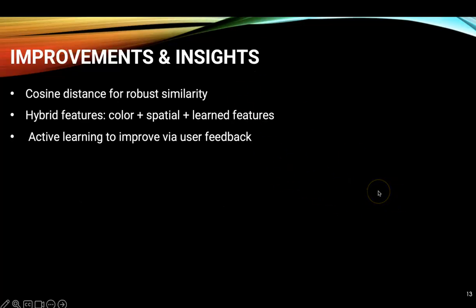So let's talk about some improvements and insights we can learn from here. We used Euclidean distance to calculate the similarity, but as we got a precision of 0.45, to enhance the accuracy we can use cosine distance similarity to get better results.